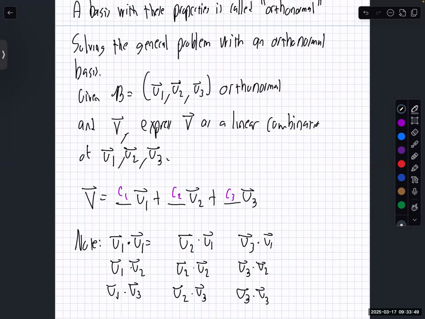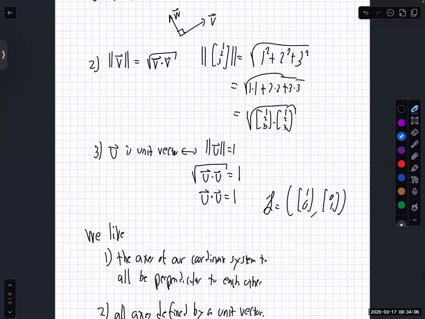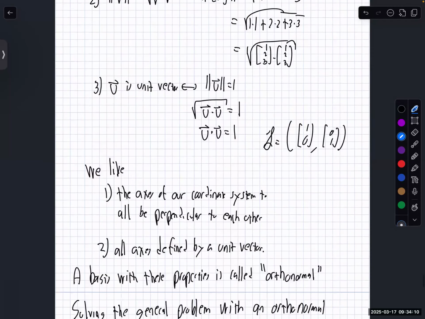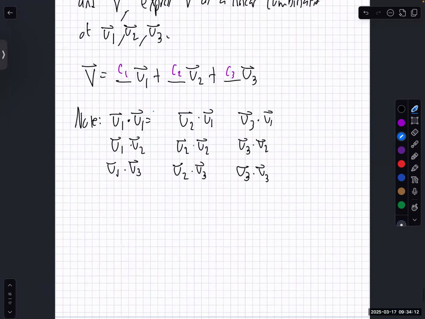What's U1 dotted with itself? So U1 is a unit vector. If it's orthonormal, that means that every vector in the list is a unit vector. And what do we know if we dot a unit vector with itself? It's 1. And in fact, that's going to be for each of those.